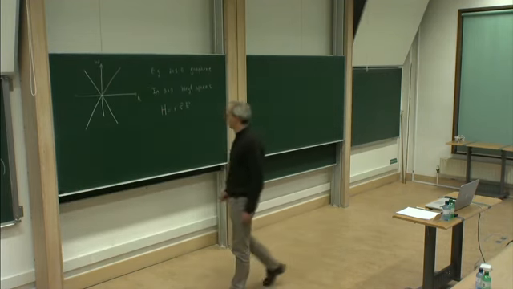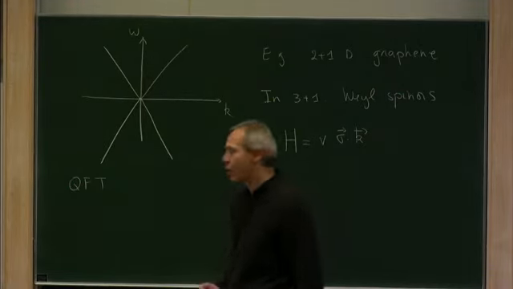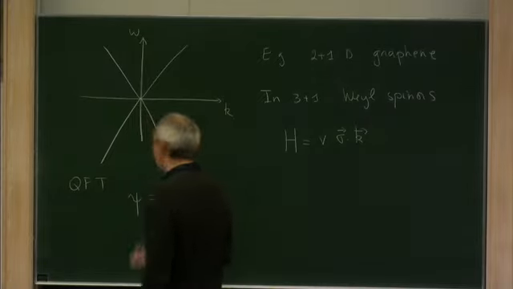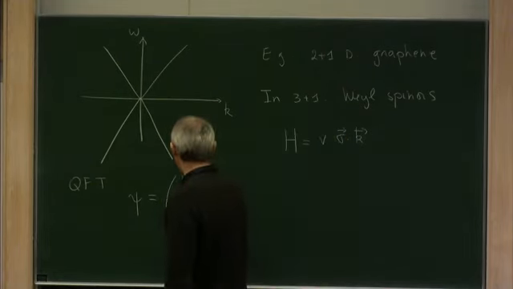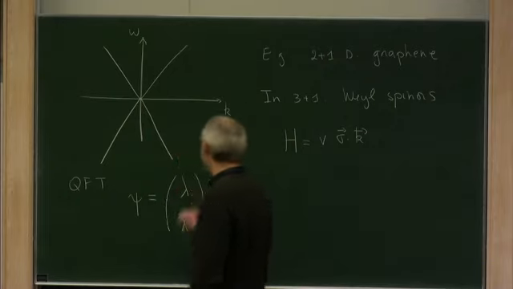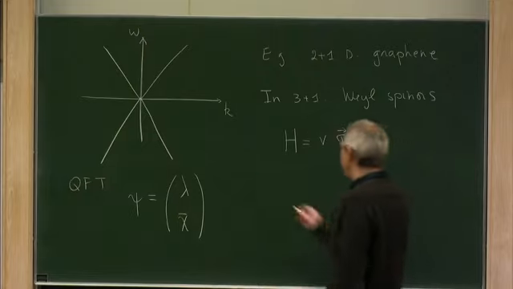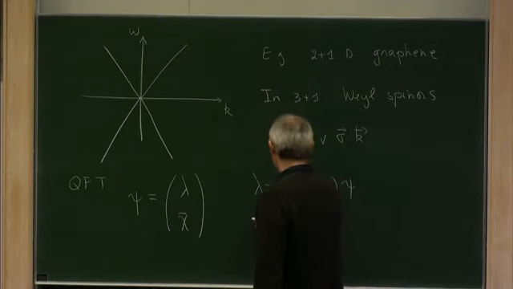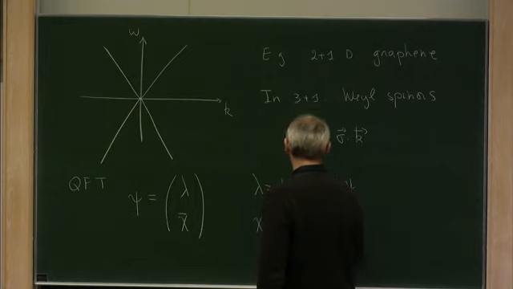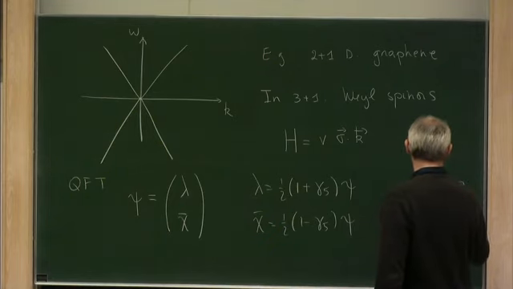If you have in quantum field theory a Dirac spinor, that's a 4-component spinor psi, you can go to a basis called a Weyl basis, in which you can write this as two 2-component spinors, lambda and chi, and they're both the chiral projections. So lambda is essentially 1/2 (1 plus gamma 5) psi, and chi is 1/2 (1 minus gamma 5) psi, in a basis in which gamma 5 is just diag(1, -1).